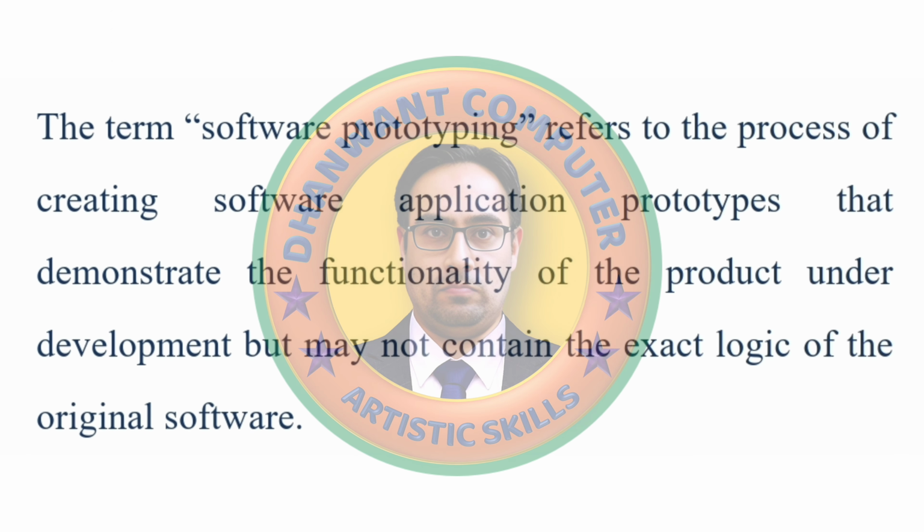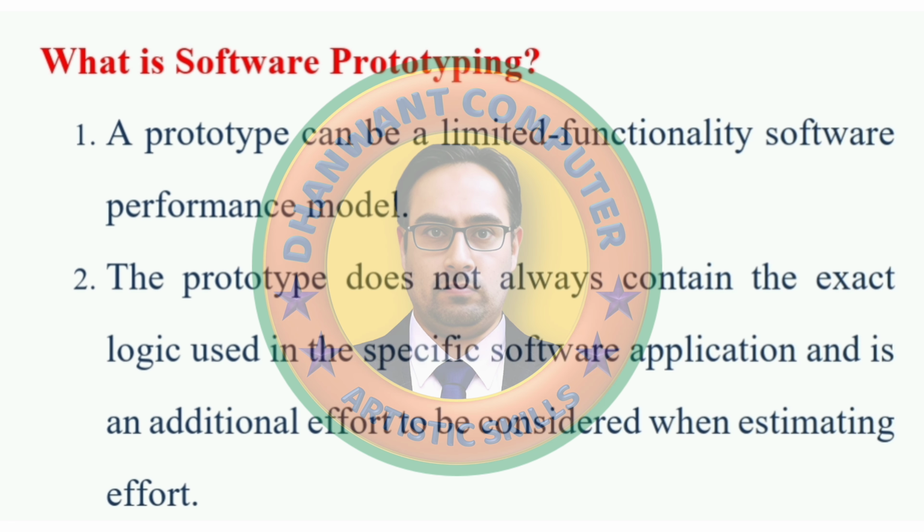The term software prototyping refers to the process of creating software application prototypes that demonstrate the functionality of the product under development but may not contain the exact logic of the original software. What is software prototyping? 1. A prototype can be a limited functionality software performance model. 2.